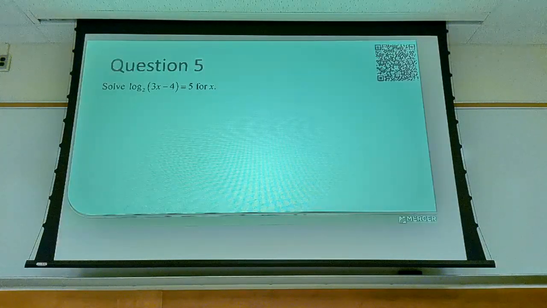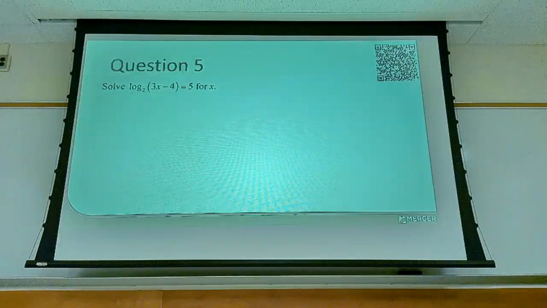Well, what was the inverse of a log? How would you undo a logarithm? What's the inverse function of a logarithm? Exponential.